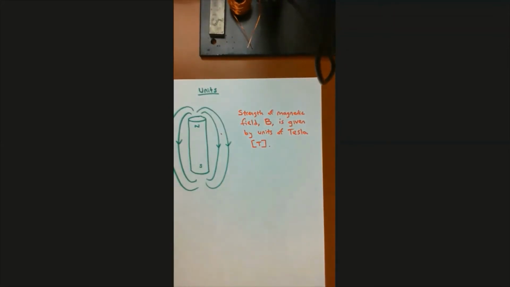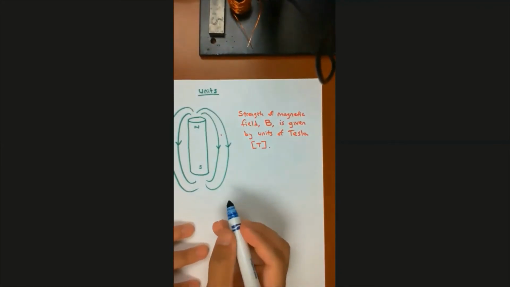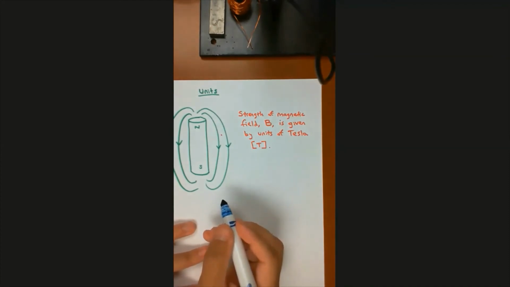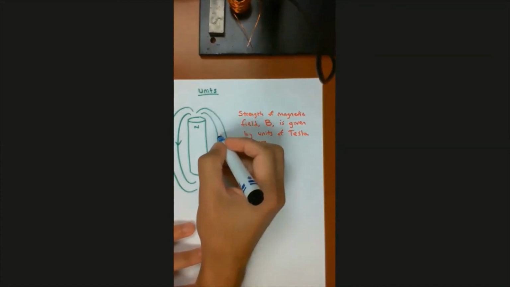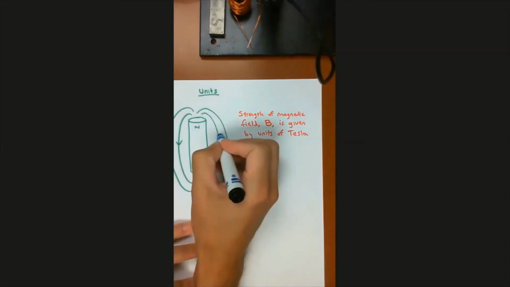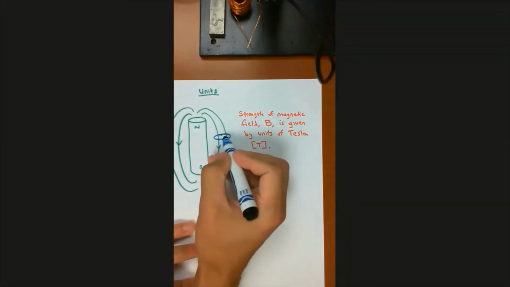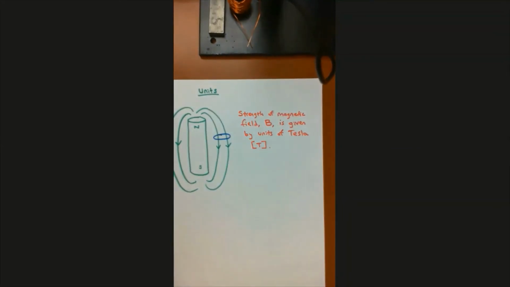However, there's one other thing that we need to talk about right now. Oftentimes, we're not just interested in the strength of the magnetic field at this point. Oftentimes, you're going to see this when we talk about generators, we're interested in, say, this area right here. So that's an area. Maybe there's a coil of wire right there. Right? That's actually what we're going to have in a generator.